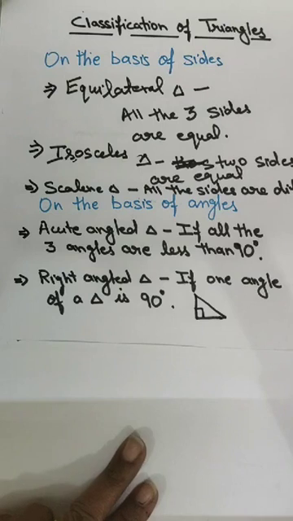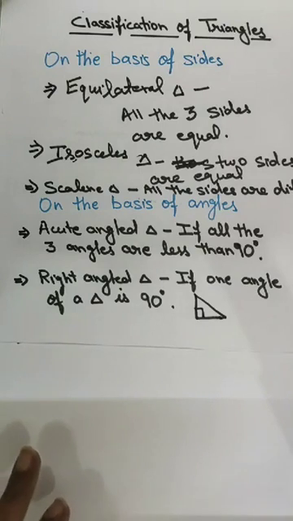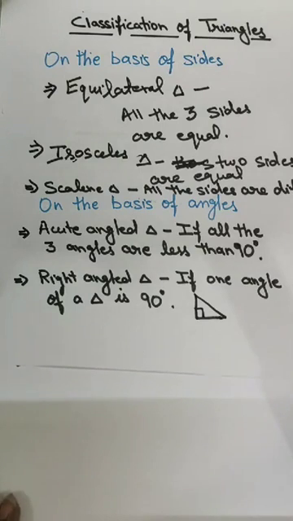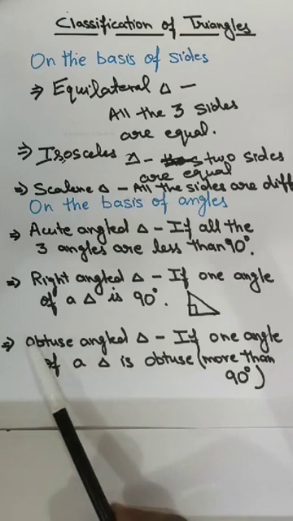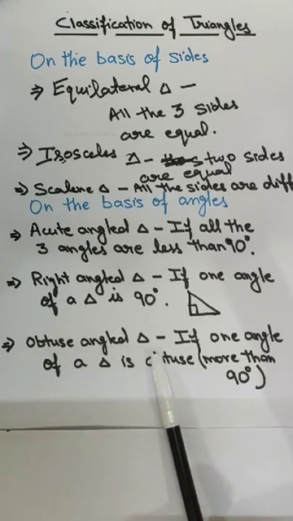So this is a right angled triangle. And third type of triangle is obtuse angled triangle. If one angle of a triangle is obtuse, meaning more than 90 degrees, then the triangle is called an obtuse angle triangle.